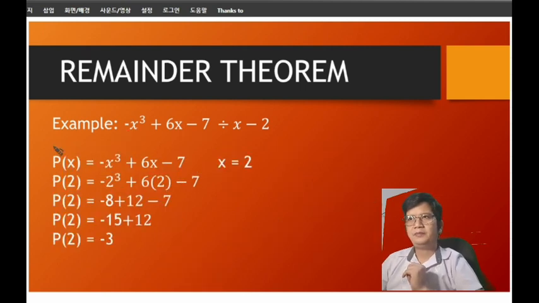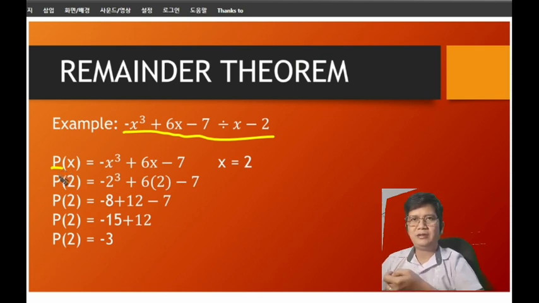Kung halimbawa, ito pa rin yung given natin, x cubed plus 6x minus 7 divided by x minus 2. If we will be having this as p of x o yung polynomial natin, kaya siguro ito ay having a variable p stands for polynomial, but of course itong p natin ito can be change into any letter from the alphabet.